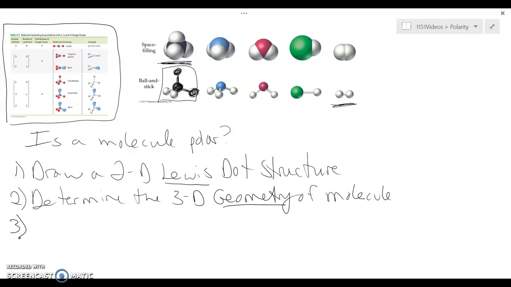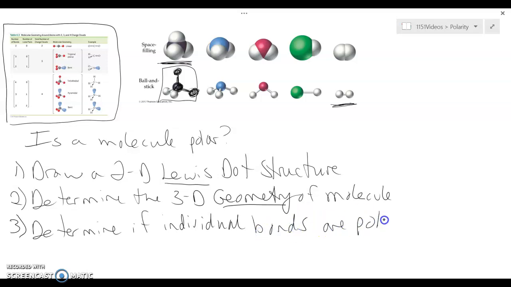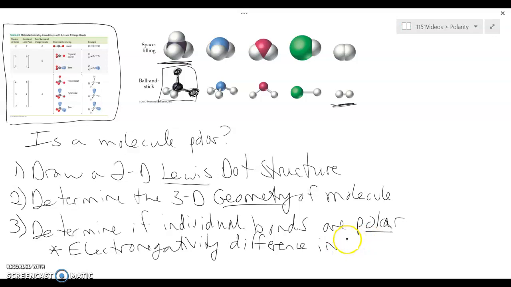The next step is determine if individual bonds are polar. By polar, you're looking for electronegativity difference in, I'm going to put in quotes here, "players" on the bond.